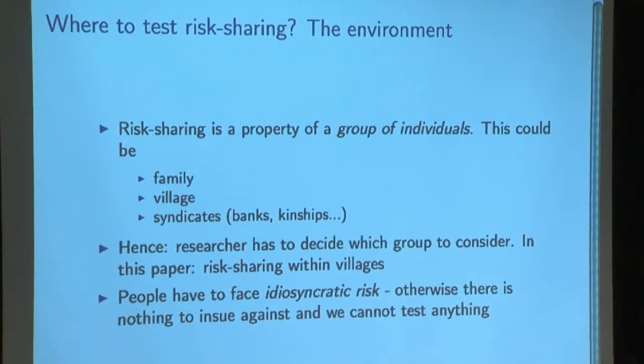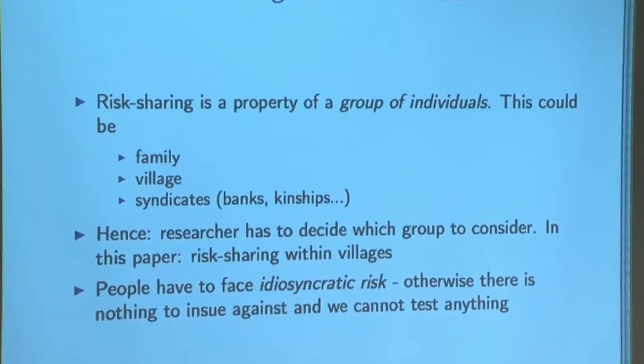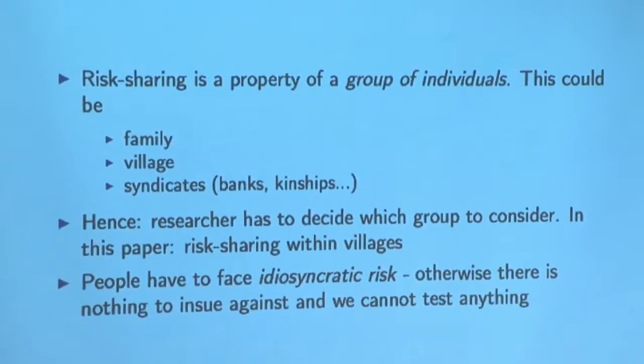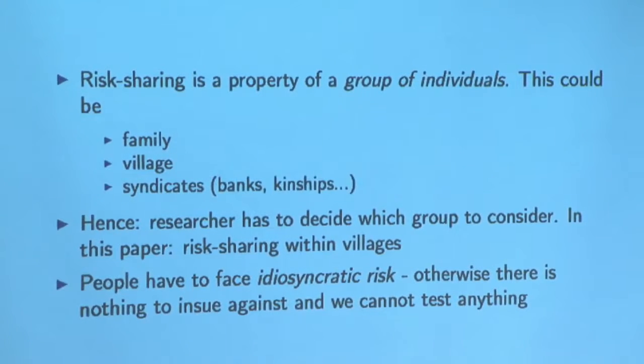So where to test? We're going to do these tests at the village level in this starting point of this lecture, but we'll move. This could be kinship networks within a village, family-related people. It could be bigger than that. It could be across village risk sharing.